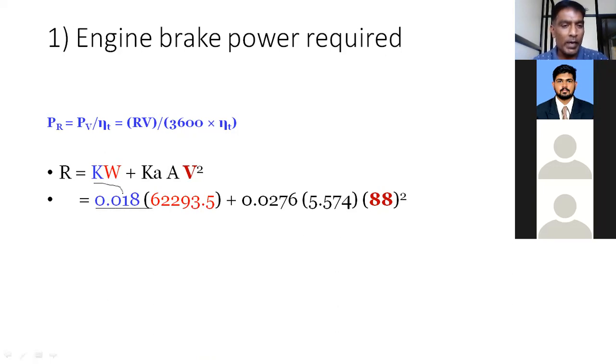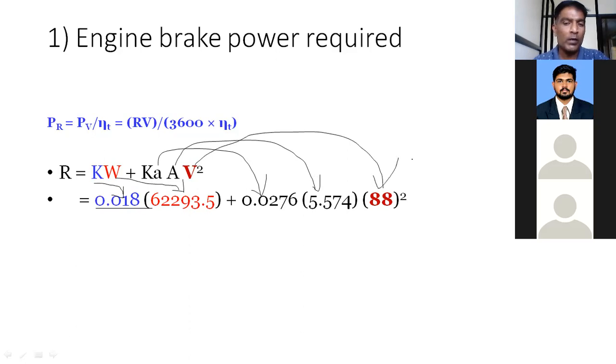The value for K is this. W is the total weight. K is given. A is the frontal area in meter square and V is in kilometers per hour. Then calculate the total value.